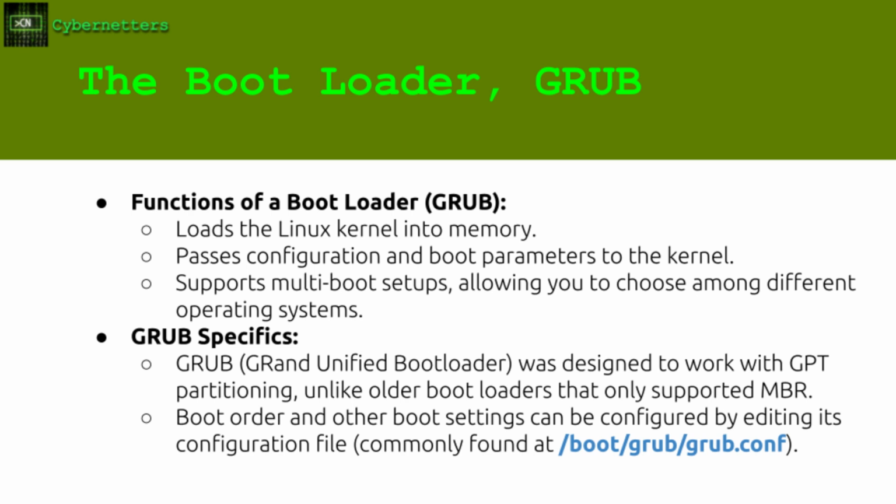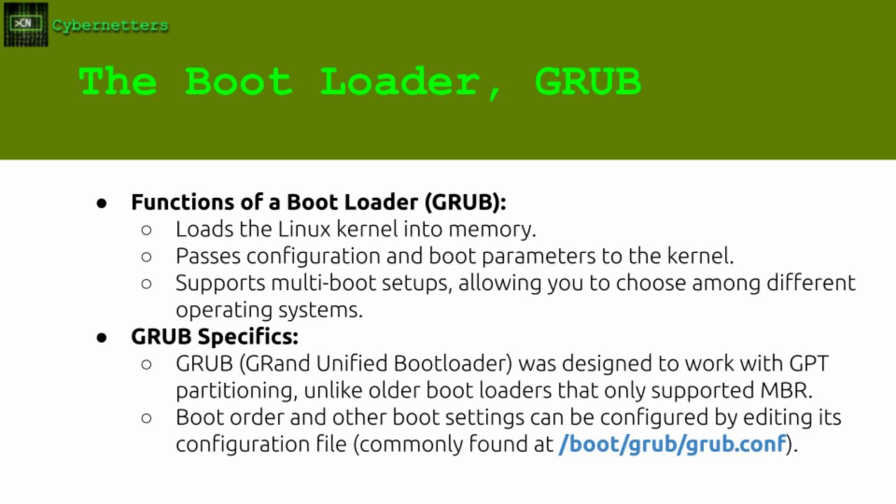All right, so let's talk about GRUB, which is the Grand Unified Bootloader. Essentially, it's the middleman between your firmware and the Linux kernel. It loads the kernel into memory and can pass along important parameters like which run level or which root partition to use. GRUB also supports multi-boot setups, meaning you can choose between different operating systems at startup, which is handy if you dual boot Linux and Windows, for example.